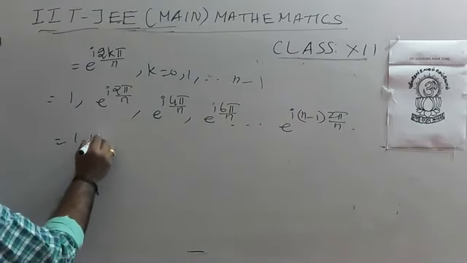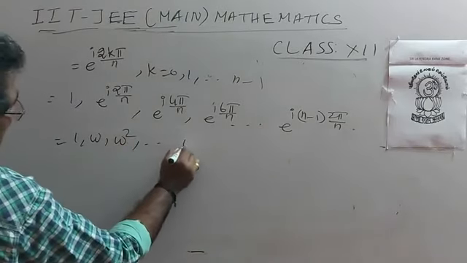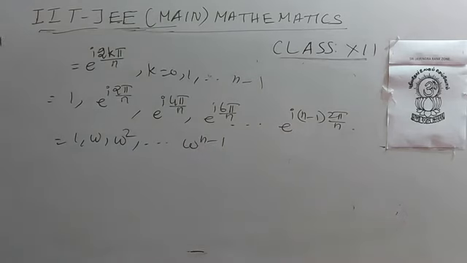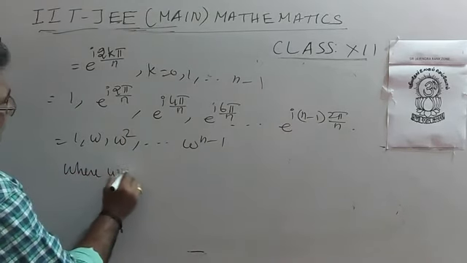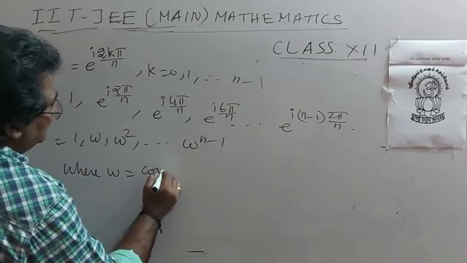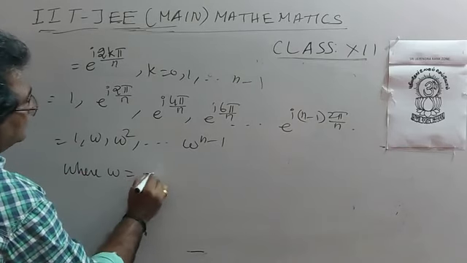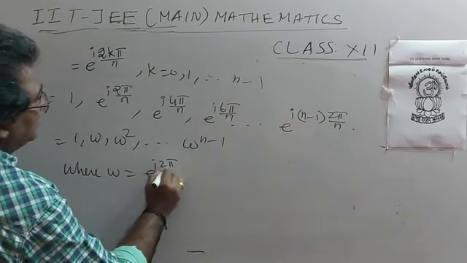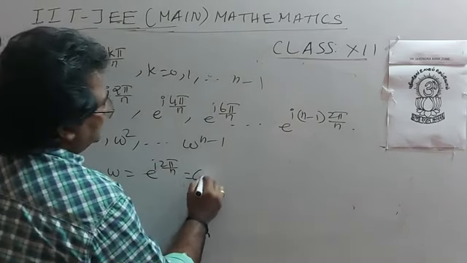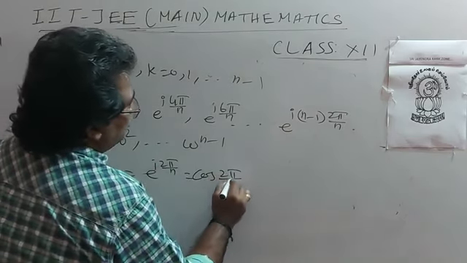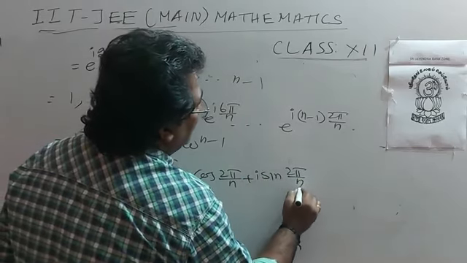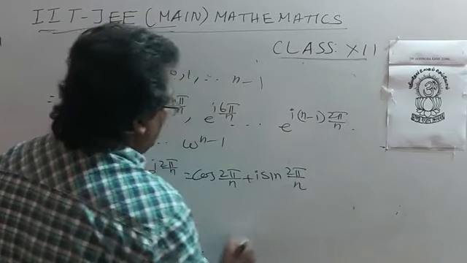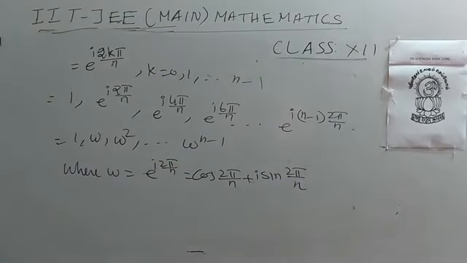So 1, omega, omega squared, etc., omega power n minus 1, where omega equal to e power i 2 pi by n, that is cos 2 pi by n plus i sin 2 pi by n.